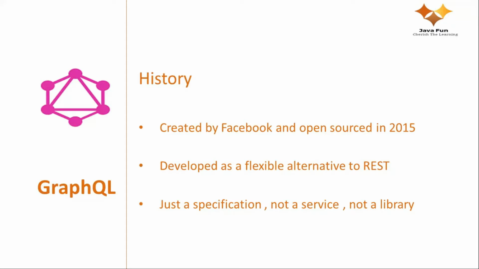Since this is a specification, there are a number of implementations or runtimes that exist for GraphQL in all the major programming languages. And if you talk about Java, again there are a couple of implementation choices available, and that we're going to tackle in this particular lecture.